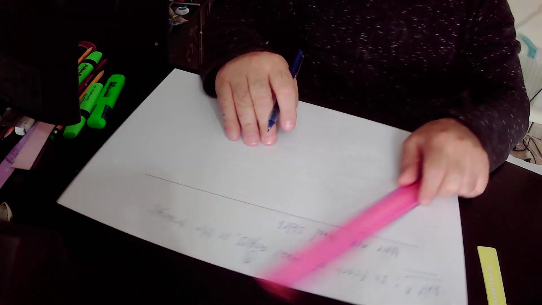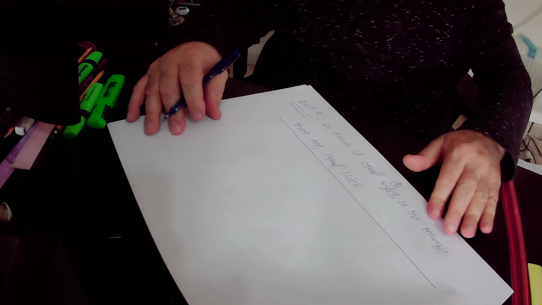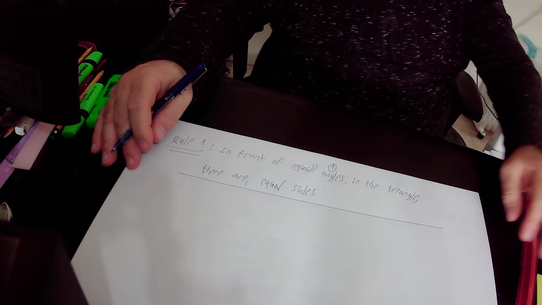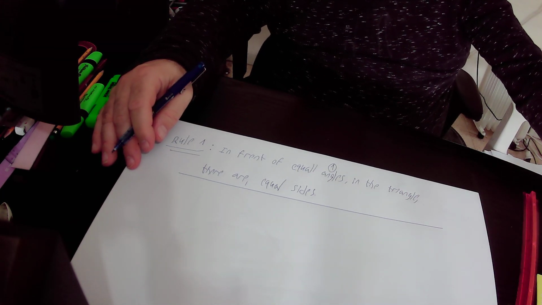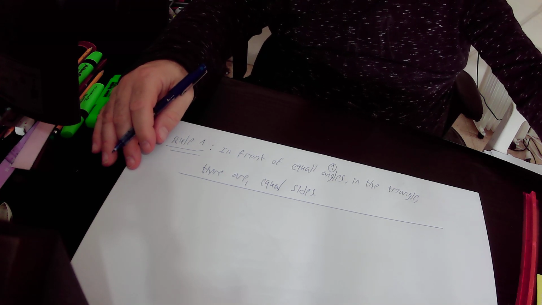I'll read rule number 1 again. According to rule number 1, in front of equal angles in the triangle, there are equal sides.